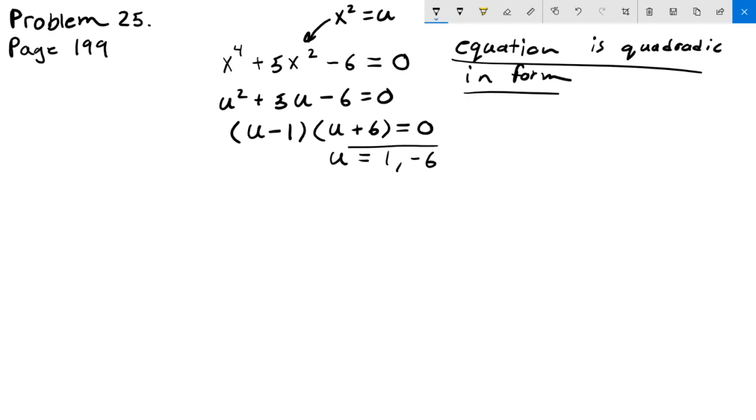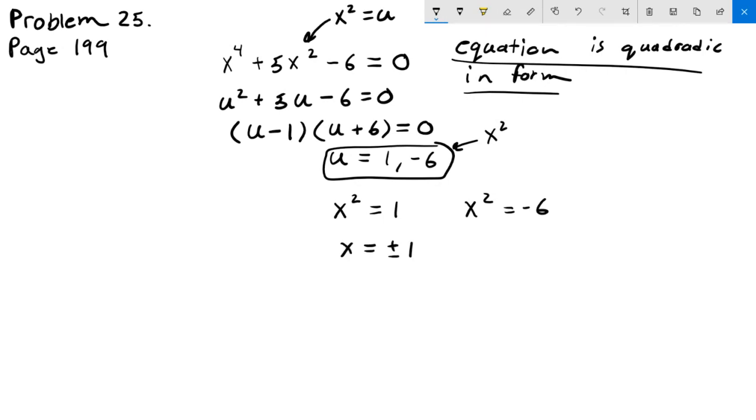Okay, well, that's not our final answer. This is kind of an intermediate step because we still have to plug in x squared for u. So we go x squared is equal to 1, let's break this out actually, x squared equals negative 6. Solving these, we get x equals plus or minus 1 because we did the square root.